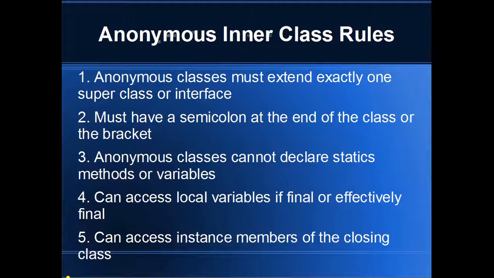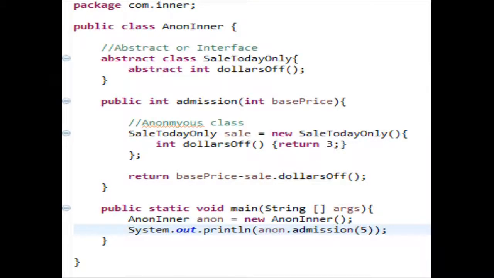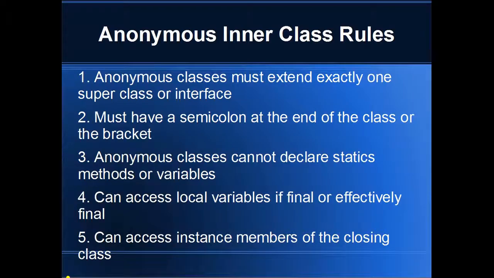Most of these inner classes do not have a semicolon at the end. Looking back, you see that right there with the sales today only anonymous class, it has a semicolon. And anonymous classes cannot declare static methods or variables, same as member classes.